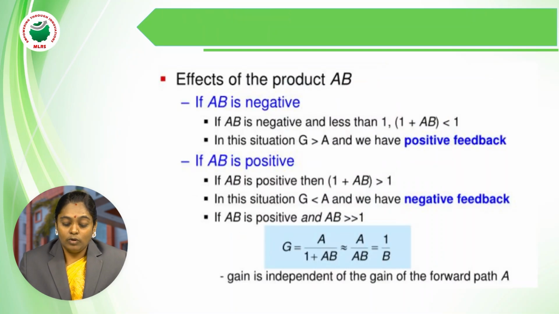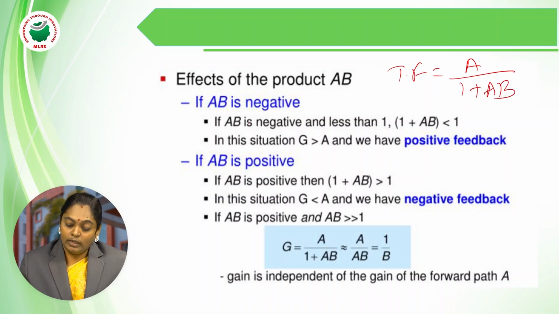As I've told you, for the given block diagram, the transfer function which I got is a by 1 plus ab. So here let me assume that if ab value is negative, that itself indicates 1 plus ab value is less than 1.